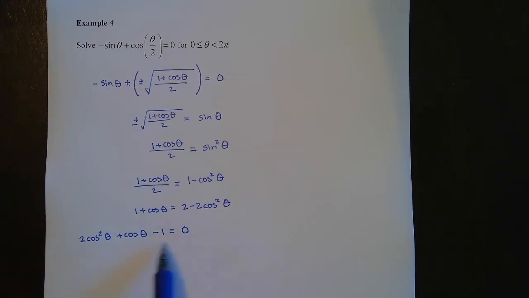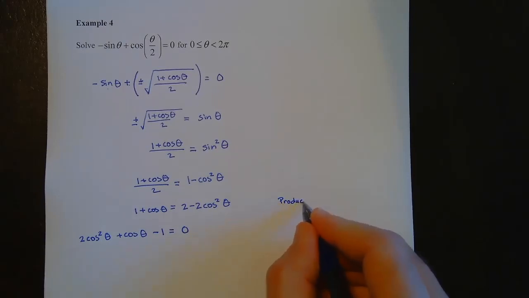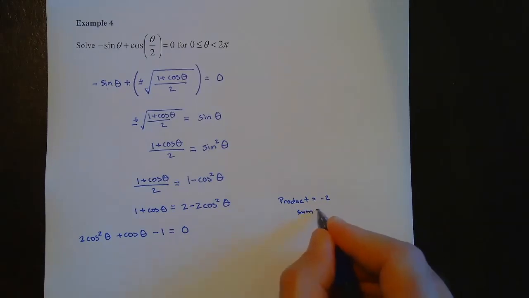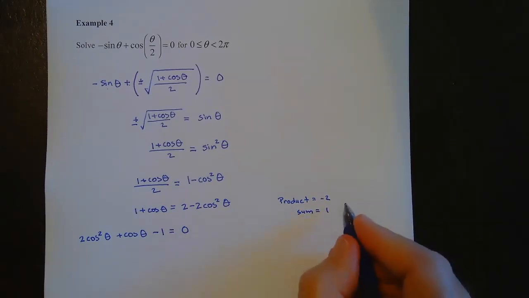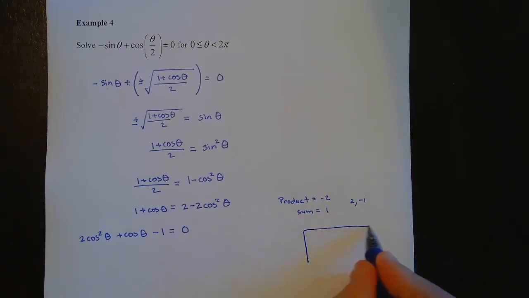Now I have this quadratic again, in quadratic form. So we got to think of the product needing to be negative 2, and the sum would have to be 1, and that would be positive 2 and negative 1. So I'm going to do my area model again.